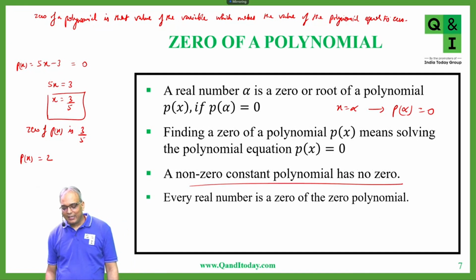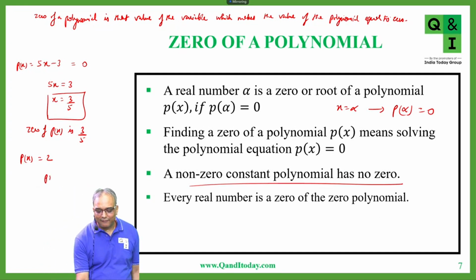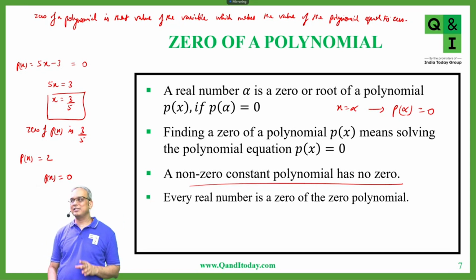Similarly, every real number is a 0 of a 0 polynomial. So let's say we have a polynomial p(x) is equal to 0. This is called a 0 polynomial. Now this 0 polynomial will always be 0 for whatever value of x you take, right? So that's why every real number is a 0 of the 0 polynomial.